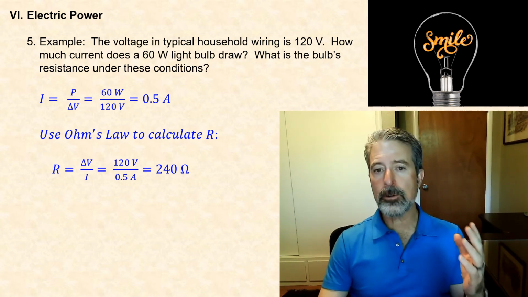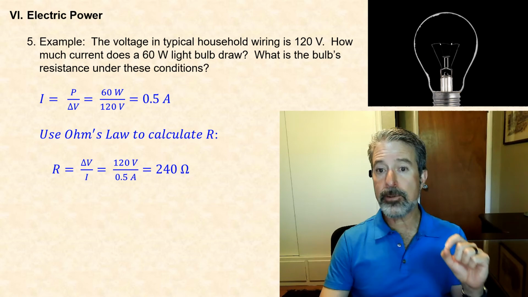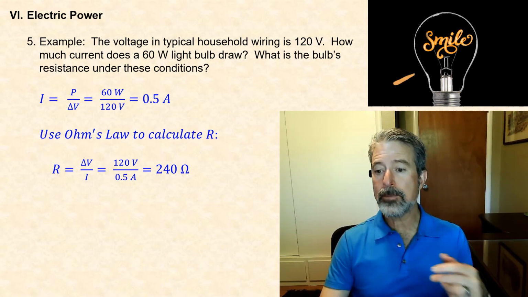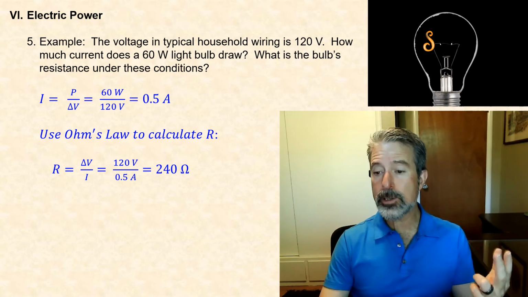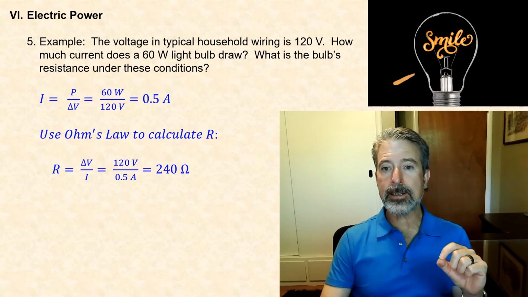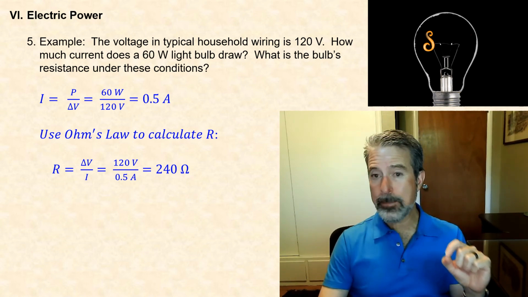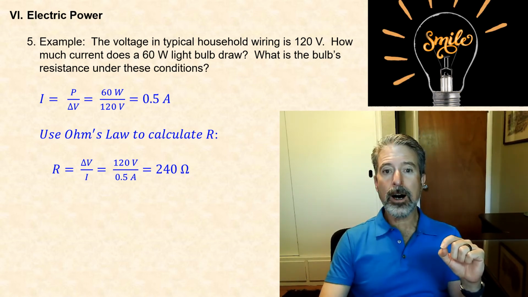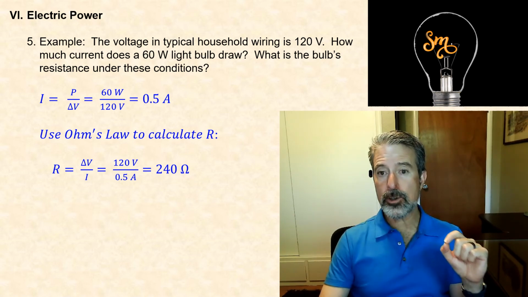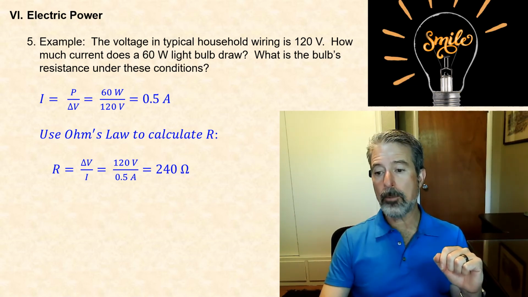Remember that the bulb filament is designed to be very thin to provide a high resistance, so that the temperature increases enough to actually emit light. And that huge temperature change in that very thin filament will then cause the resistance to increase as well.